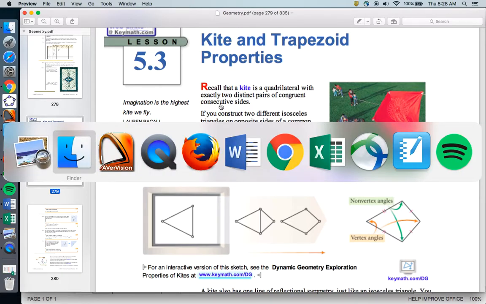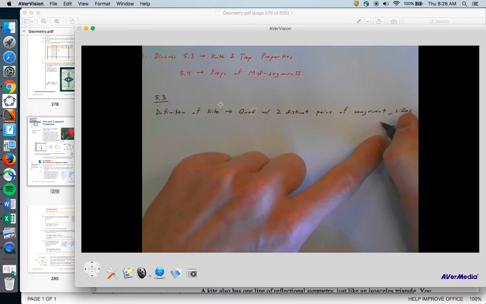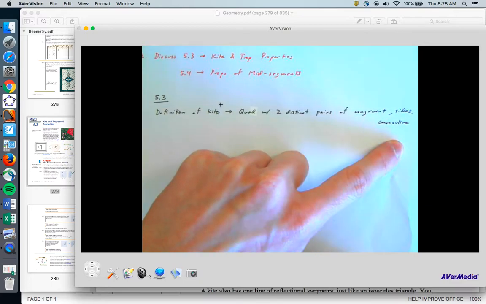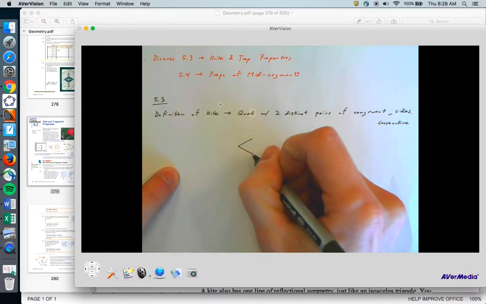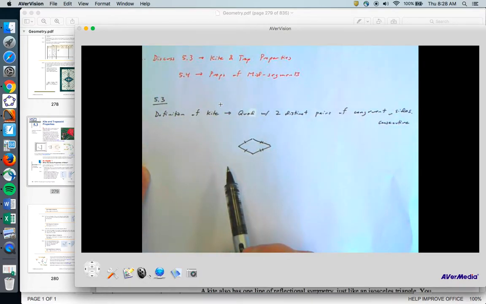I forgot that word. That's kind of an important one. So, congruent consecutive sides. In other words, the sides right next to each other have to be equal. It's not opposite sides. Something like that's a kite.